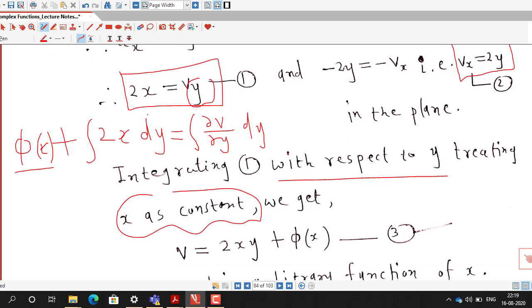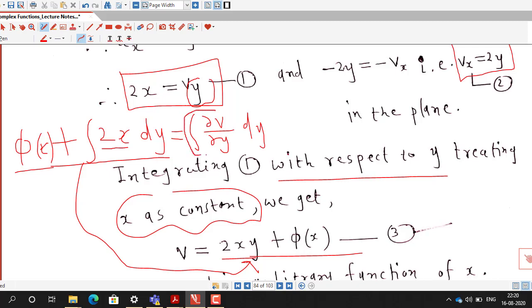So now integration is with respect to y, so 2x is constant, and integration of dy is y, so we obtain 2xy plus phi of x. Okay, so this is right hand side, 2xy plus phi of x. And because integration and differentiation are inverses of each other, this is nothing but function v.